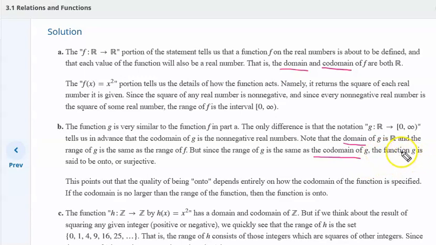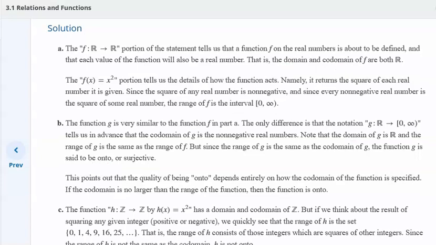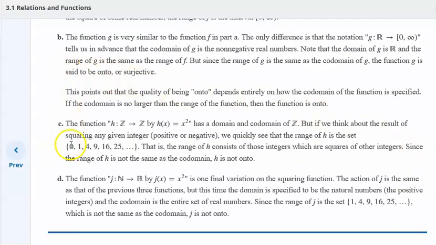And the function g, once it is resolved, is said to be onto or surjective. Let's clear that up and raise it a little. And in letter C, here the range is the square of integers, and since the range is not the same as the codomain, it is not onto, or that other word, surjective.